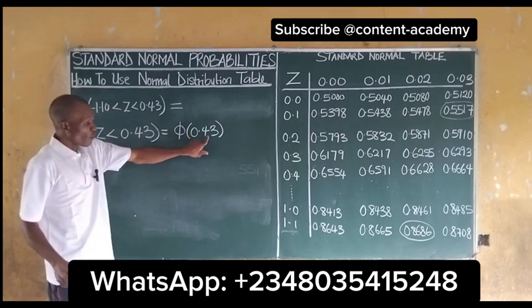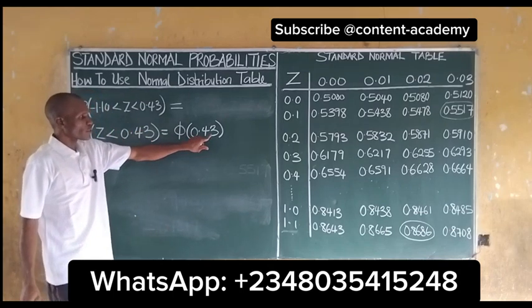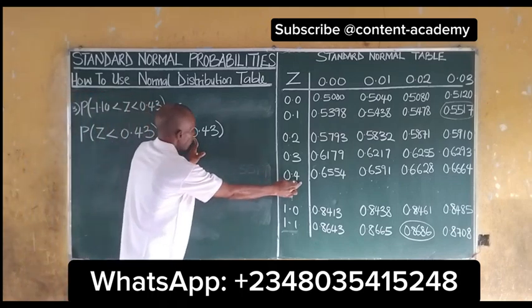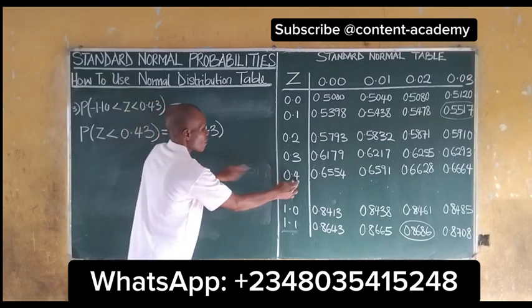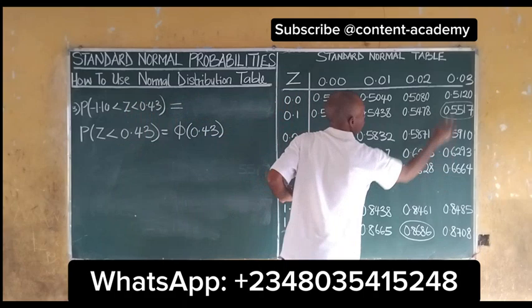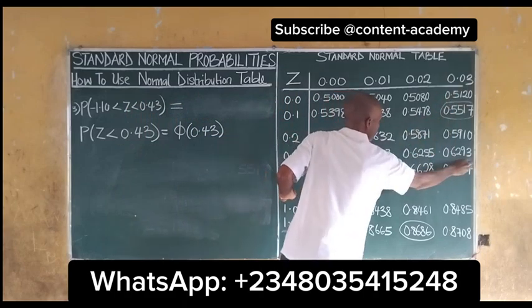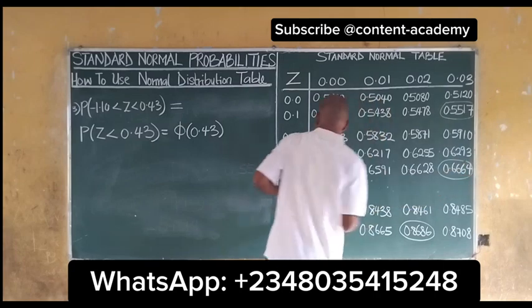We'll have 0.4 under 0.03. So this is how we determine that.